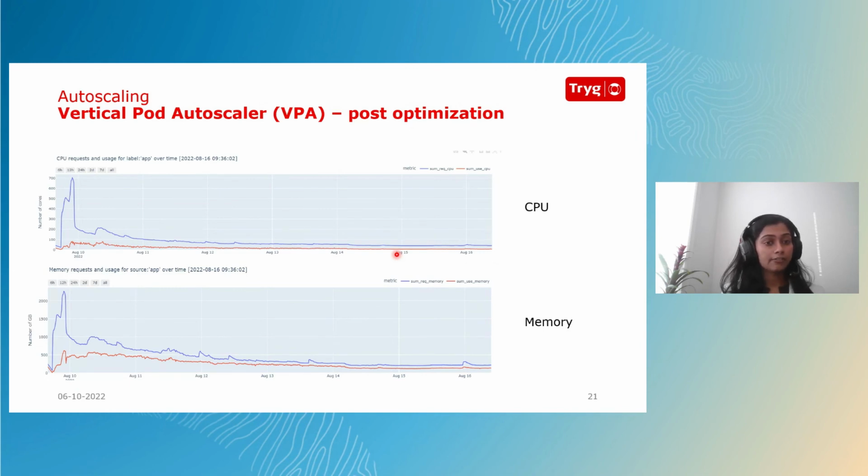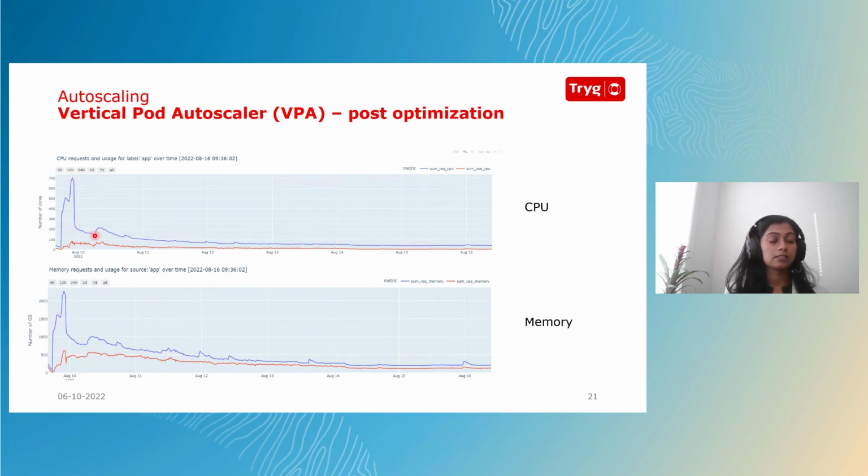And this graph is basically another representation of CPU and memory again. The red line indicates the actual utilization, and the blue line indicates the pod resource request. You can see that they are getting as close to each other as possible, but initially there's a spike.